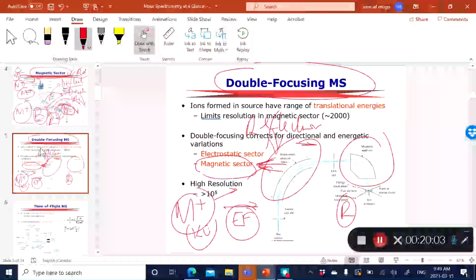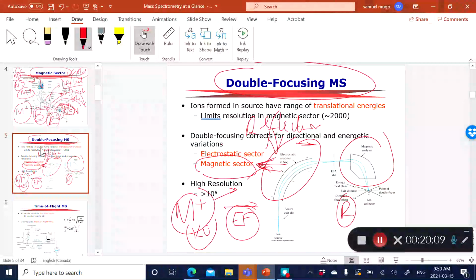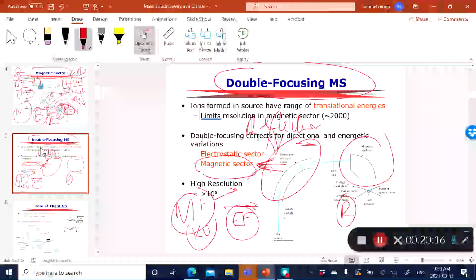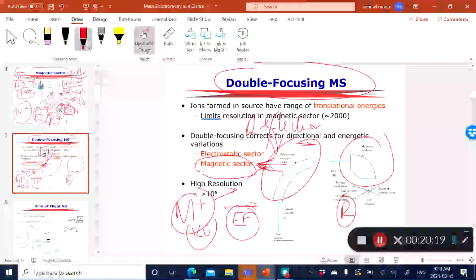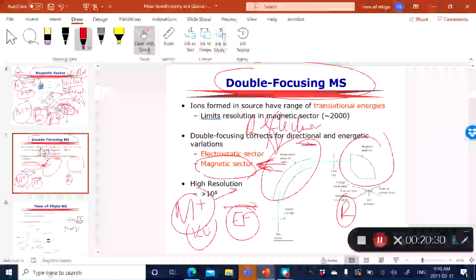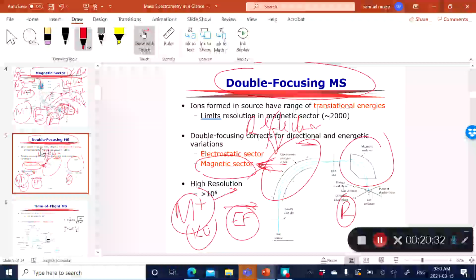It means that they have kinetic energy. Now, ions that have less kinetic energy are going to be deflected less by the electric field, and those with high kinetic energy are going to be deflected more. And so you'll be able to focus the ions based on their energy in the electric field.